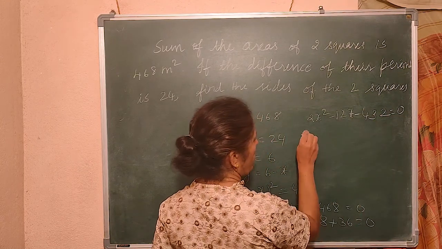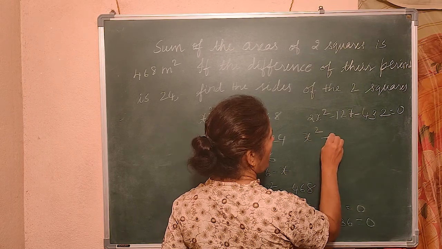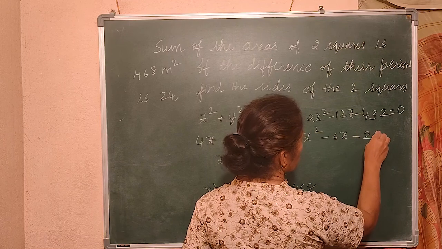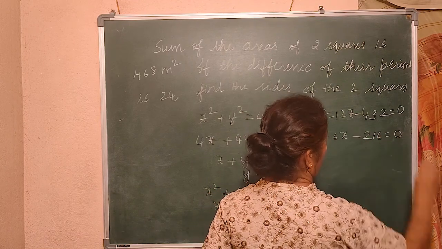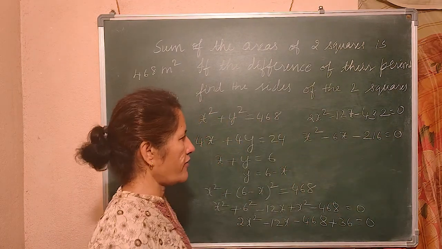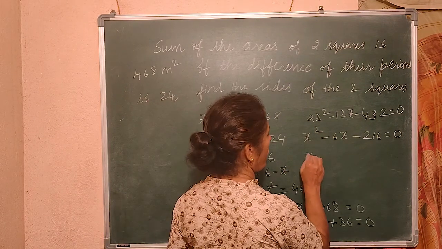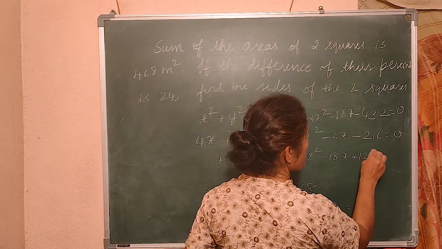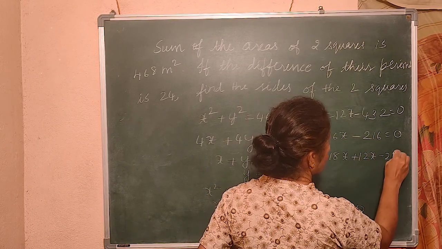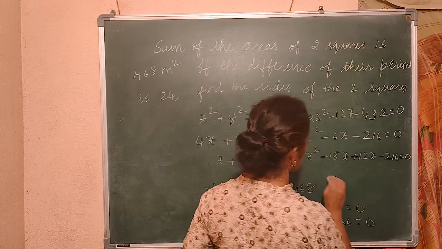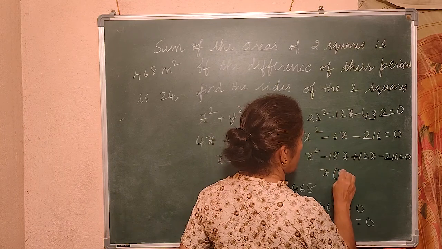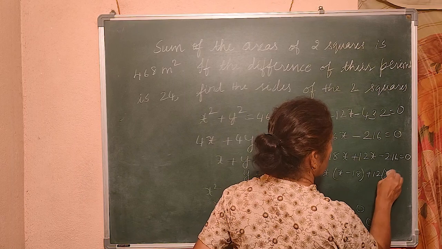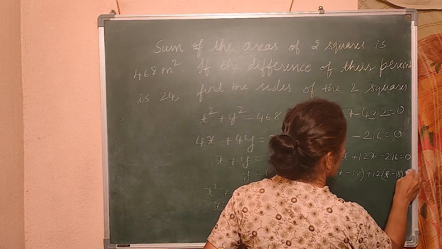So 2 is common everywhere. x square minus 6x minus 216 is equal to 0. 18 and 12, right? So x square minus 18x plus 12x minus 216 is equal to 0. x into x minus 18 plus 12 into x minus 18 is equal to 0.